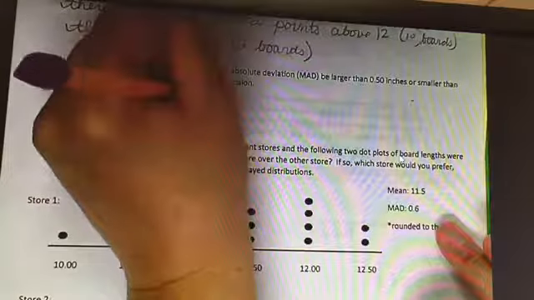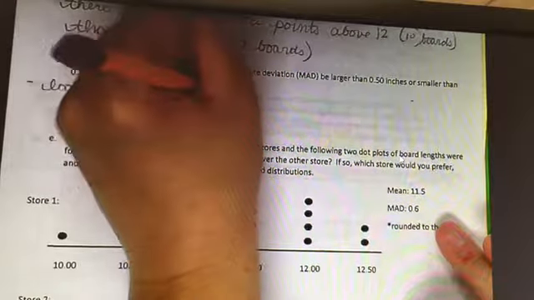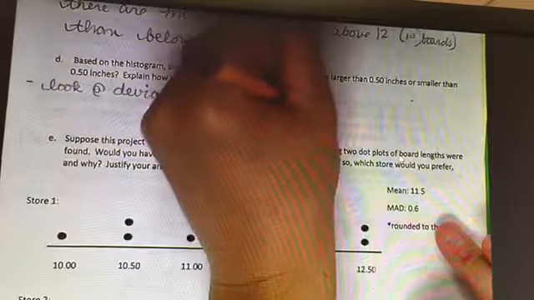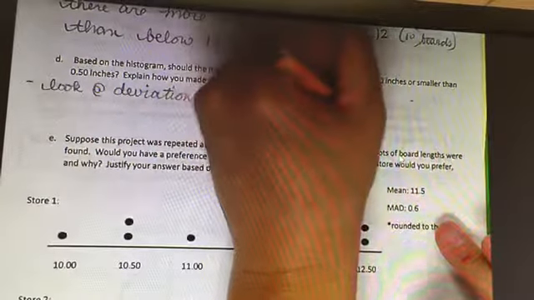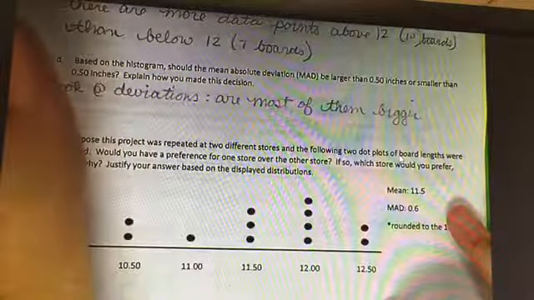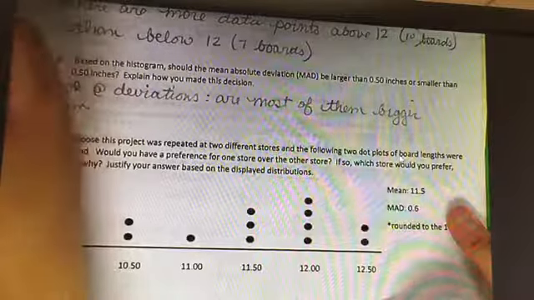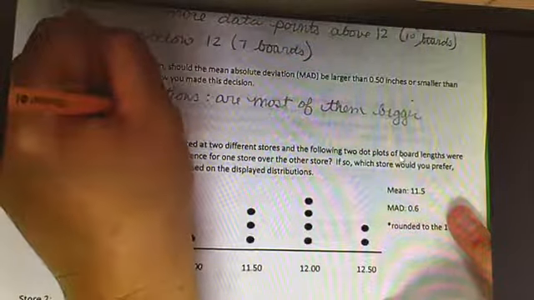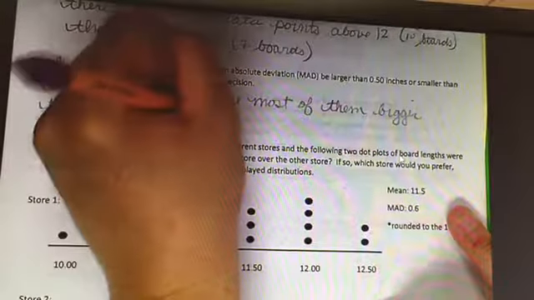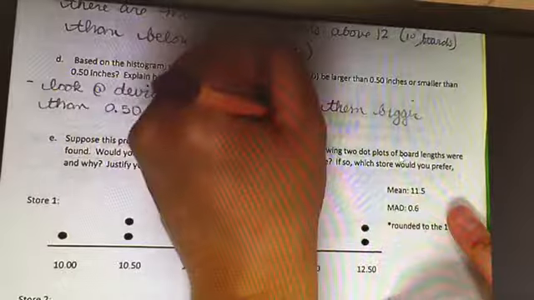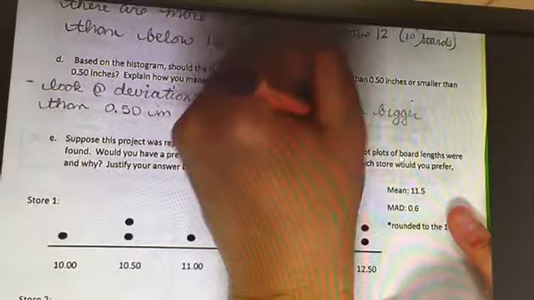Are most of them bigger than 5/10 inches or smaller than 5/10 inches?